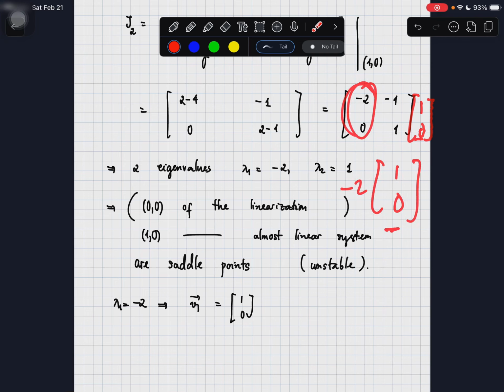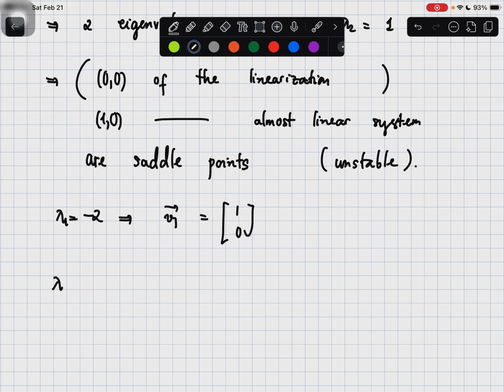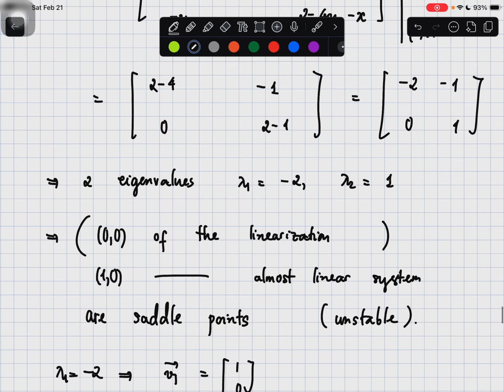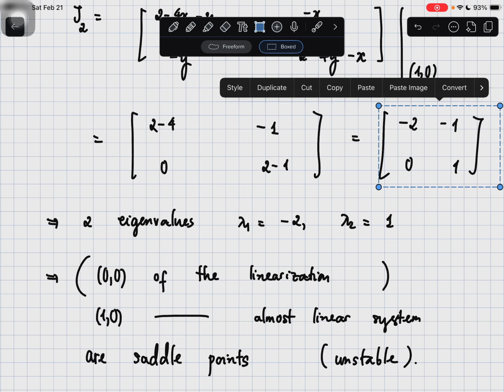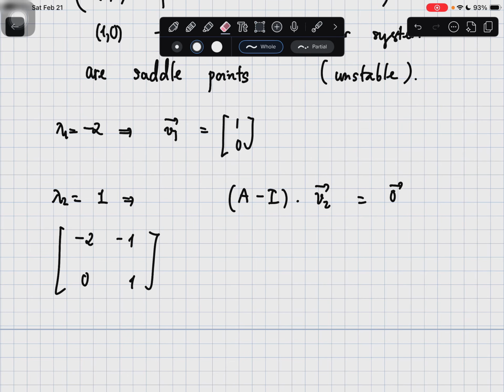So by definition, (1, 0) is an eigenvector corresponding to minus 2. For the second lambda, we need to compute it. We want to find v2 so that (J minus lambda I) times v2 equals 0.